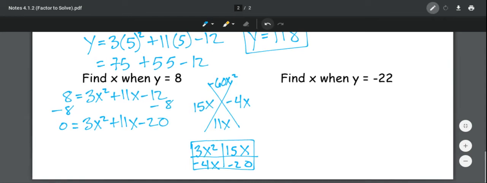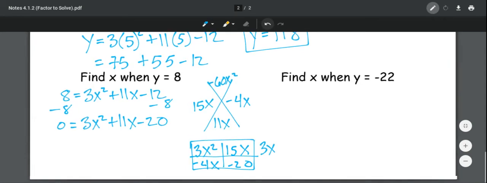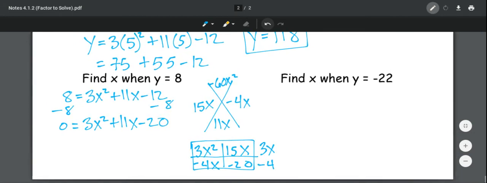So that's 3x, negative 4, here's my x, and there is 5. So 0 equals 3x minus 4 and x plus 5. Let's just do a little quick mental math to see if it works. It does.